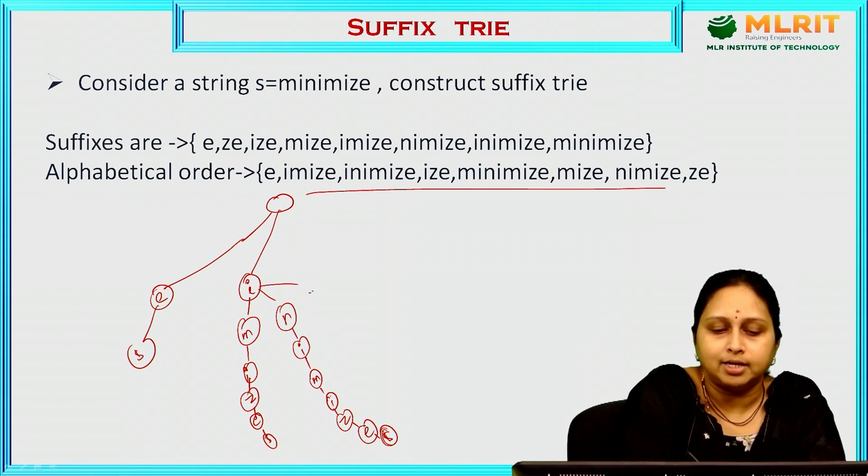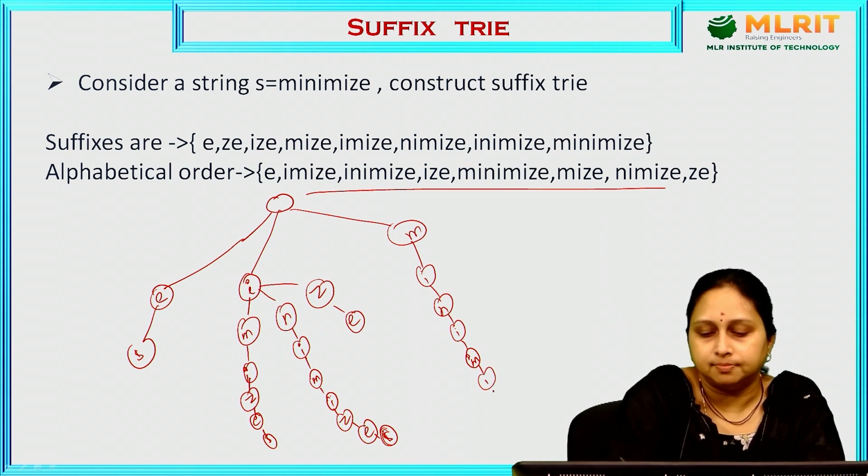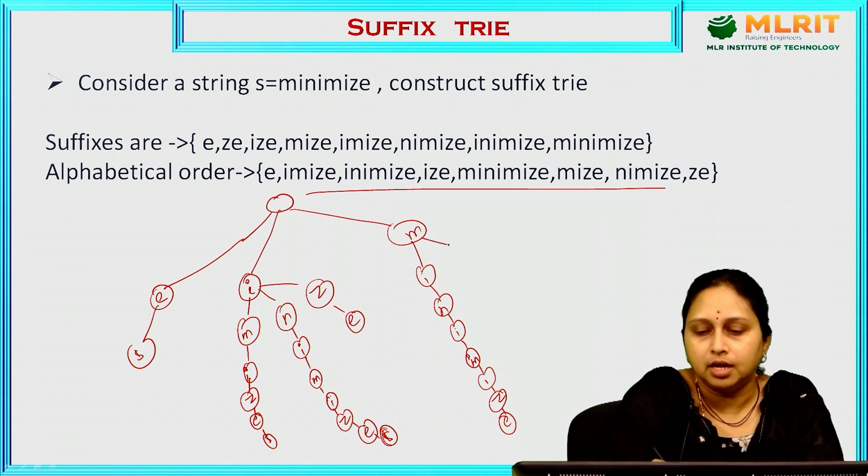And from I itself it is starting with this ZE. And the next one which you have is M. The complete one you need to represent. N, I, M, I, Z, E. And here also M is already there, I, Z, E.